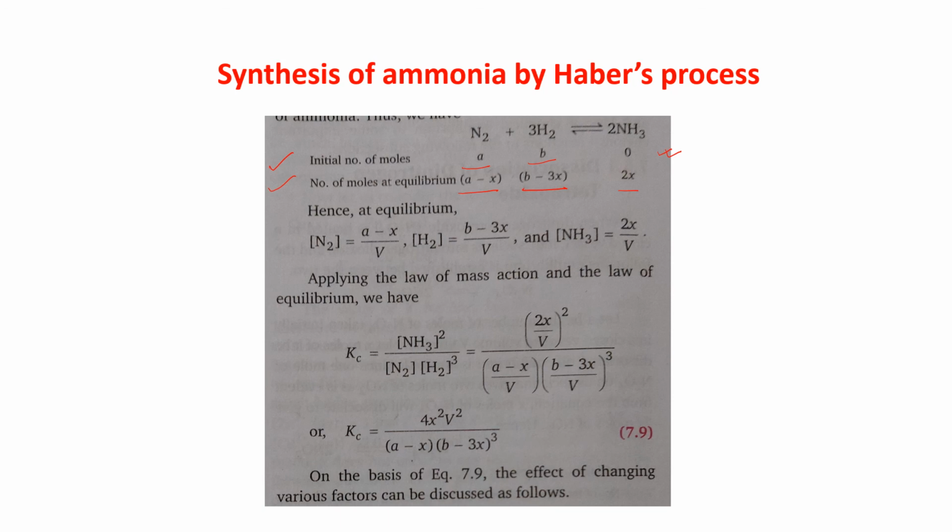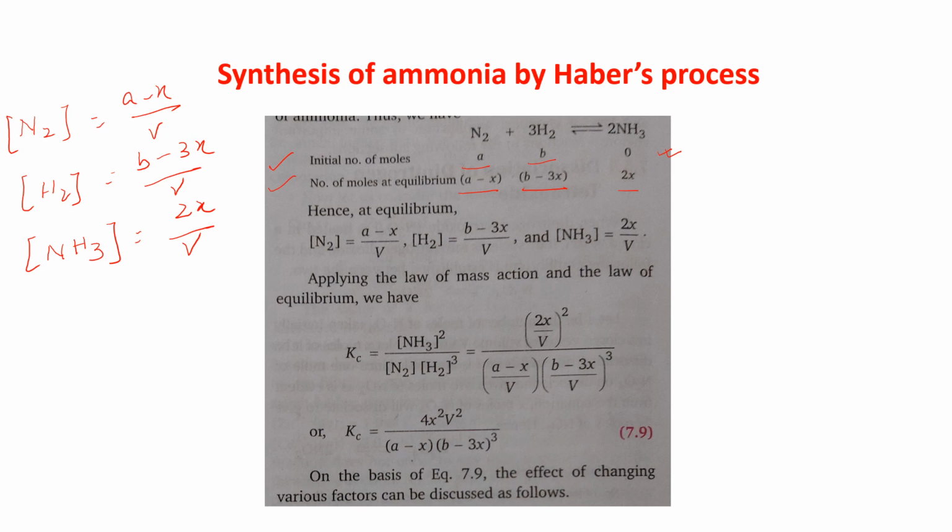Now write down the concentration at equilibrium. The concentration of N2 at equilibrium will be (A minus X) by V, because the volume of that container is V. H2 will be (B minus 3X) by V, and the concentration of NH3 is 2X by V. Now applying the law of mass action, Kc is equal to [NH3] to the power 2 divided by [N2] and [H2] to the power 3.